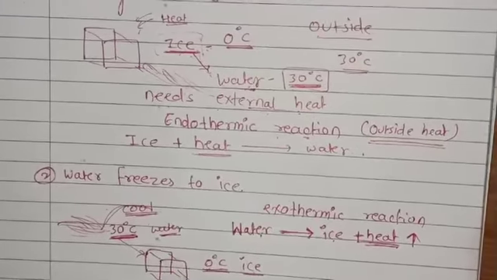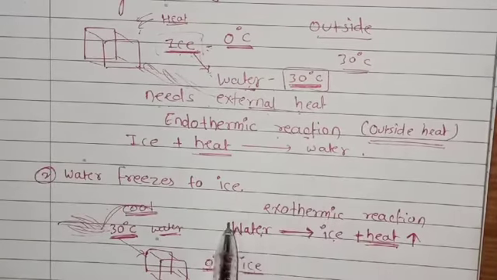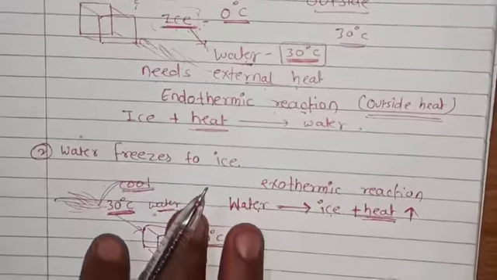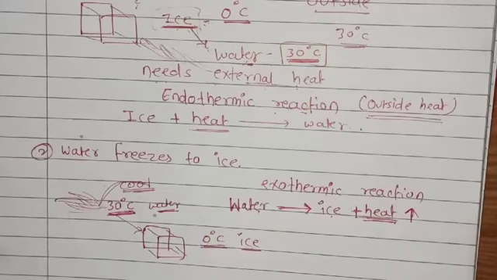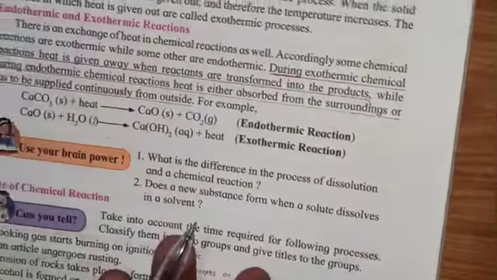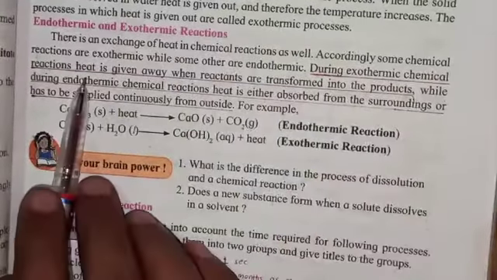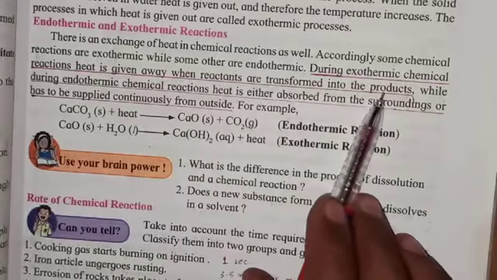So when heat is absorbed from outside, that is an endothermic reaction. When heat is given out from that reaction, then it is an exothermic reaction. Okay, so this is the definition. During an exothermic chemical reaction, heat is given away when reactants are transformed into products.